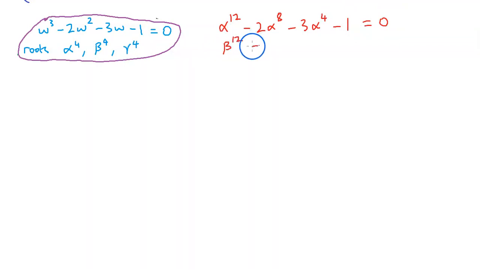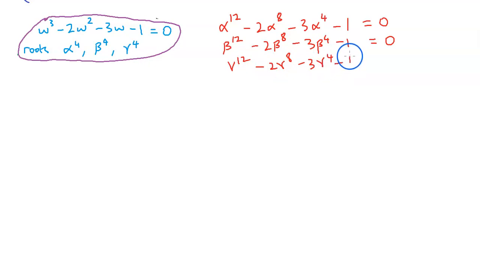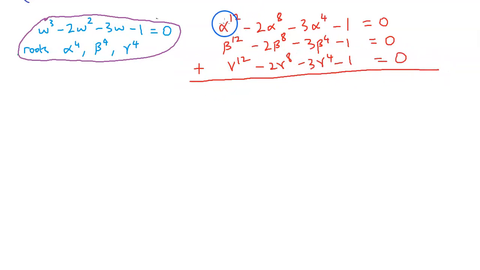So beta to the 12 minus 2 times beta to the 8 minus 3 times beta to the 4 minus 1 equals 0, and gamma to the 12 minus 2 times gamma to the 8 minus 3 times gamma to the 4 minus 1 equals 0. And then from here, we can add them all together and make the following observation.